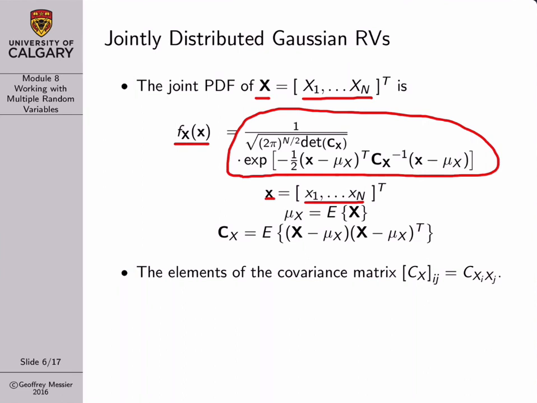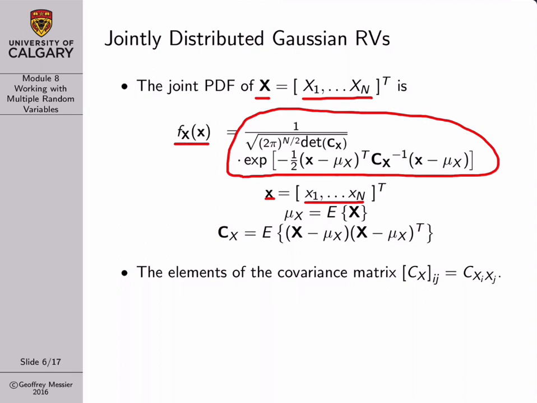We have 1 over the square root of the determinant of C of x, which we call the covariance matrix. And then we have an exponential term, with x minus the mean, and then this covariance matrix, which takes the place of the variance term. So you can see that this structure has a lot of similarities to the form that we're already familiar with.